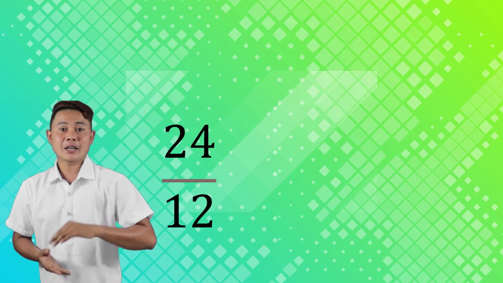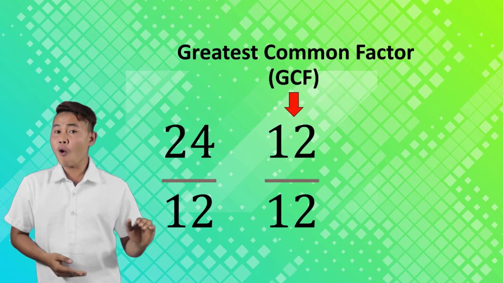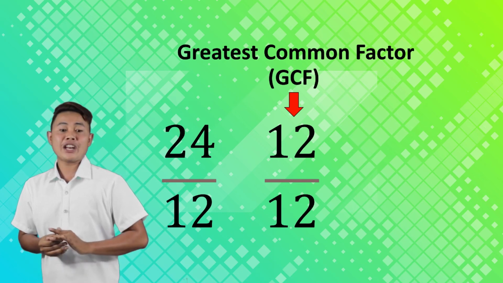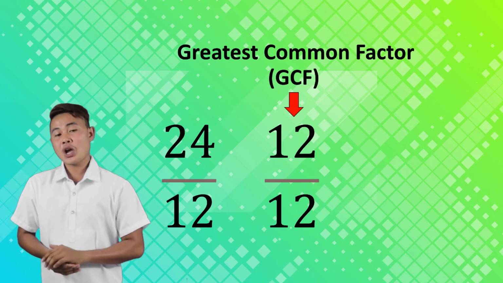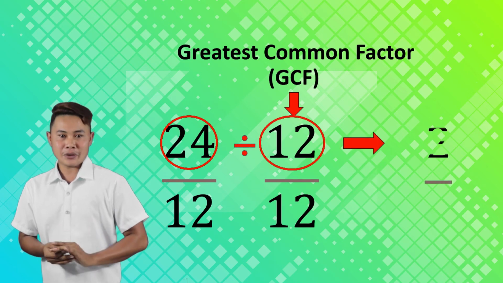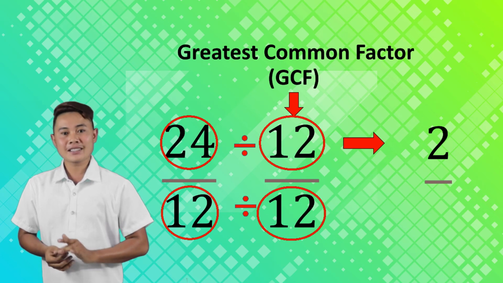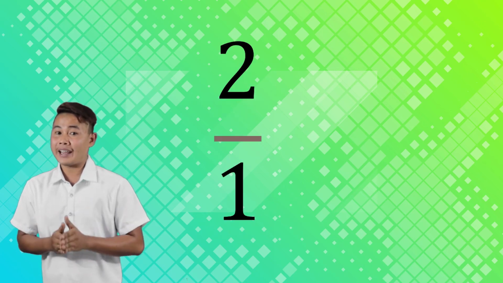We have to find the greatest common factor that can divide 24 and 12. Therefore, we can use 12 as our GCF. 24 divided by 12 is equal to 2. And 12 divided by 12 is equal to 1. And our final answer is 2 over 1, or simply 2.